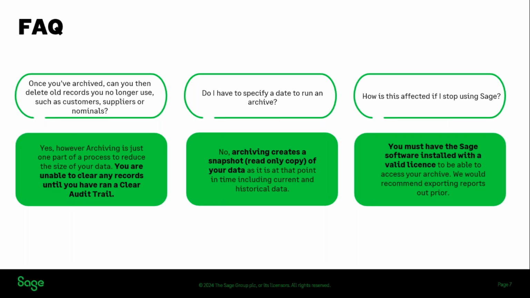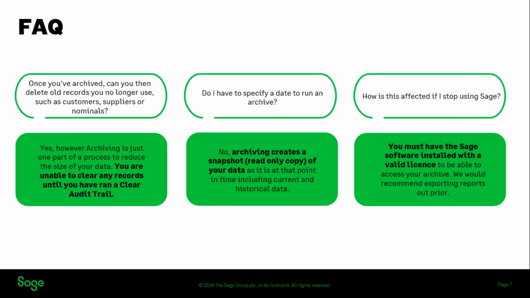Now, to achieve that, you have to do a clear audit trail, not an archive. But before you do a clear audit trail, we recommend an archive so that if you do ever need to go back into that customer and run any reports, although they're not in your live data, their data is available somewhere for you. So it's a bit of a tricky question.